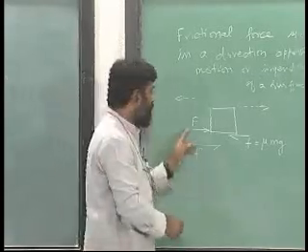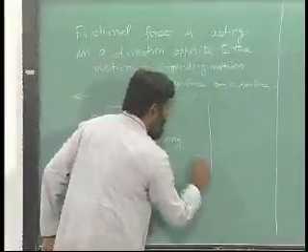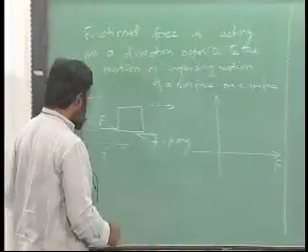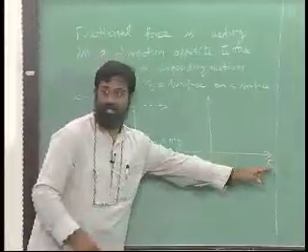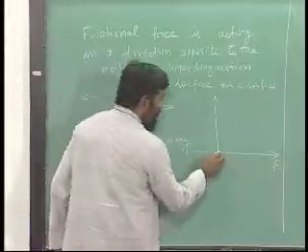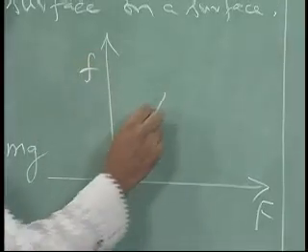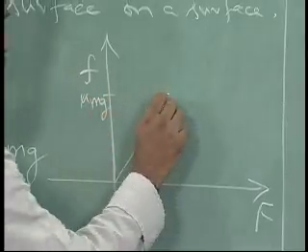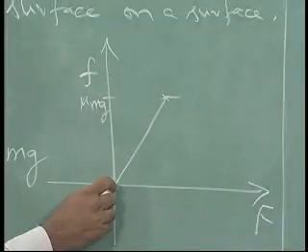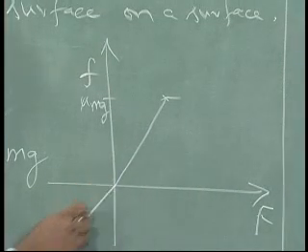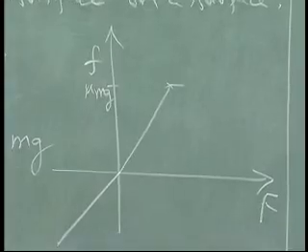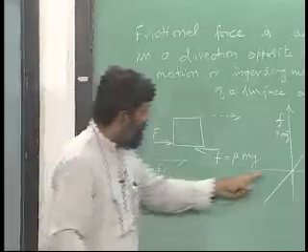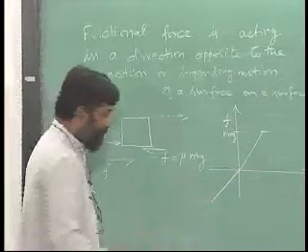So, if I plot F versus the frictional force, when I am applying in this direction, let us say it is positive, it will keep on increasing, this is f, till it reaches mu times mg, alright. Similarly, if I move in this direction, if the impending motion is in this direction, till the motion occurs, it will keep on decreasing.